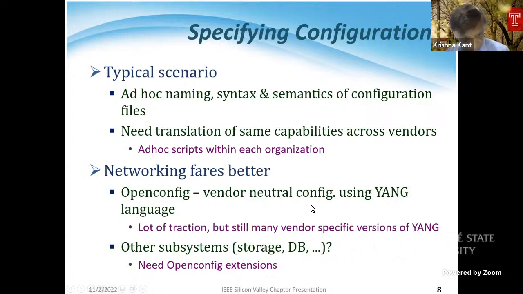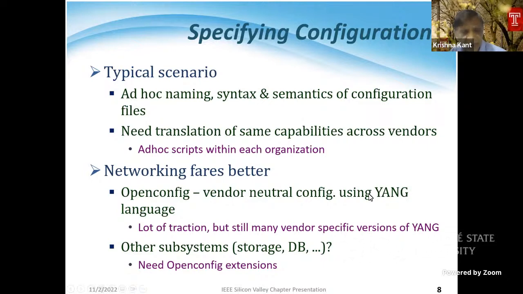The idea of OpenConfig is to have a vendor-neutral way of specifying configurations in an XML-like language known as Yang. OpenConfig is getting a lot of traction in the networking community. It's largely being driven at this point by the networking vendors, and there is also an IEEE standardization effort underway.